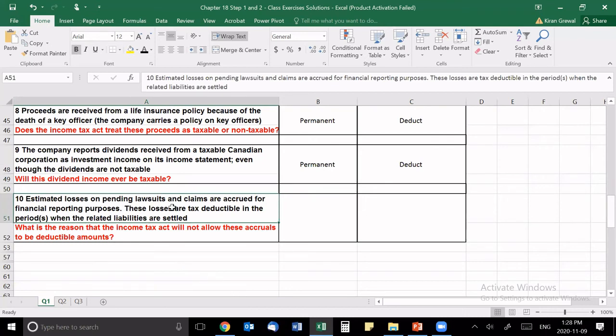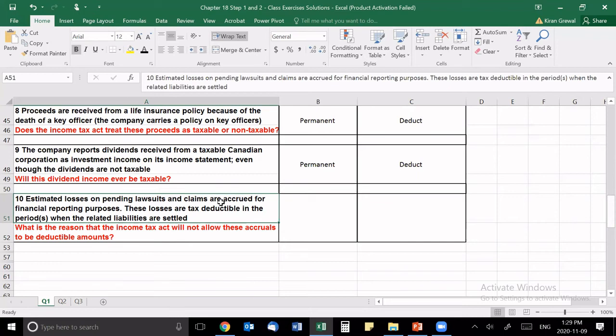And then number 10, estimated losses on pending lawsuits and claims are accrued for financial reporting purposes. These losses are tax deductible in the periods when related liabilities are settled. So for tax purposes, when it's settled, which means when cash has been paid out, that's when you can record it for tax purposes. But for accounting purposes, we do have to accrue this. Okay?